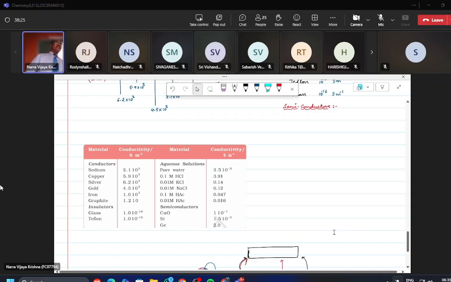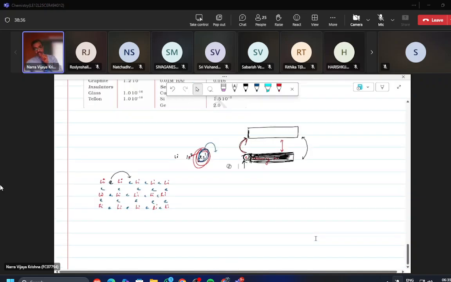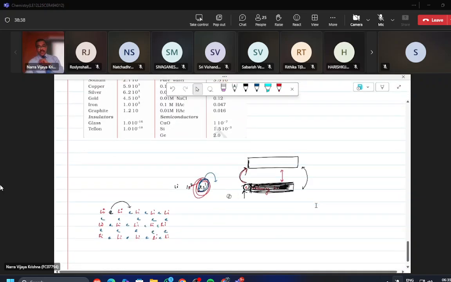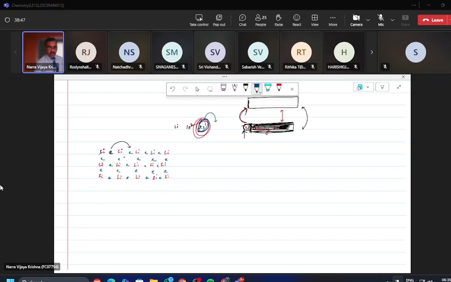Generally, metallic conductors on heating, what happens to electrical conductance? It decreases. But in semiconductors, it increases. Clear? Any questions? No. Instead of heating, assume this is a semiconductor like copper oxide, silicon or germanium. Instead of lithium, let me assume all these are silicon atoms.